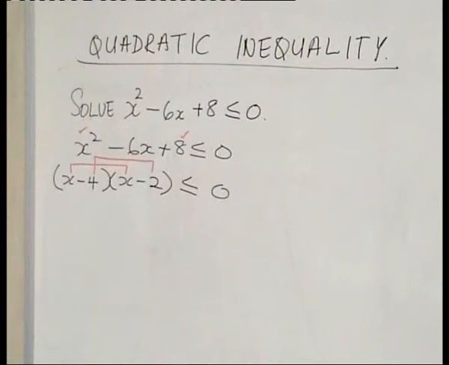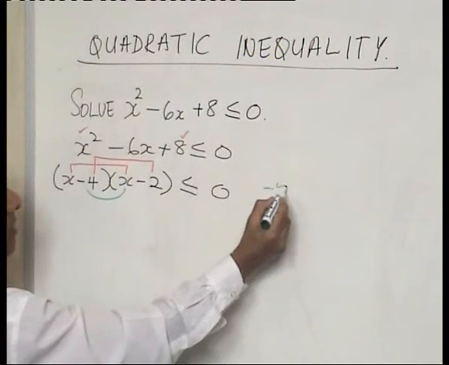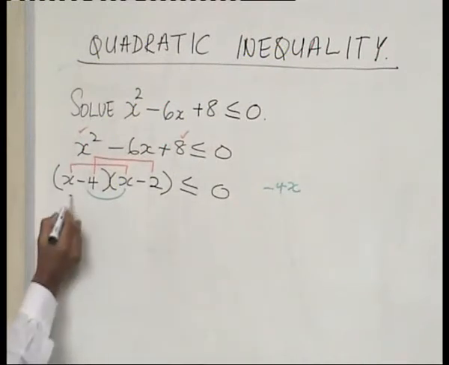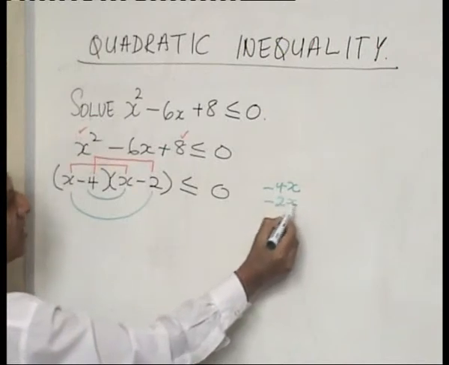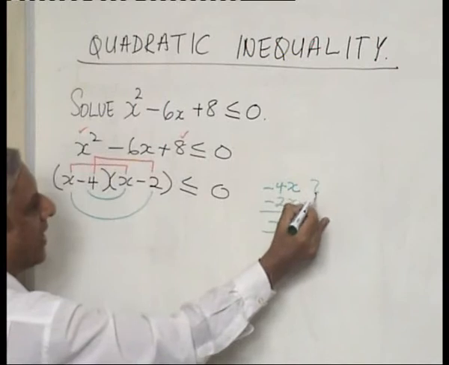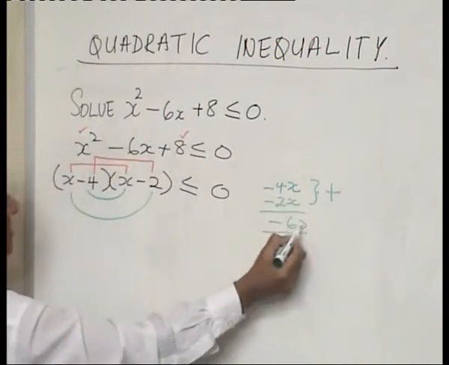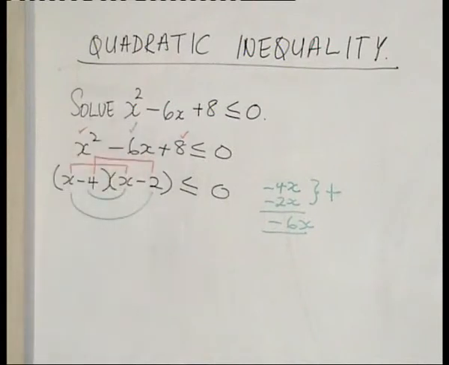Then minus 4 times x gives you minus 4x. X times minus 2 gives you minus 2x. You add it up, you get minus 6x. Do we have minus 6x in the middle? Yes. So the testing is very, very important. Don't ignore the testing. So it has passed the test, so these factors are correct.